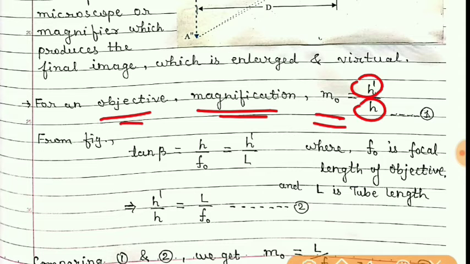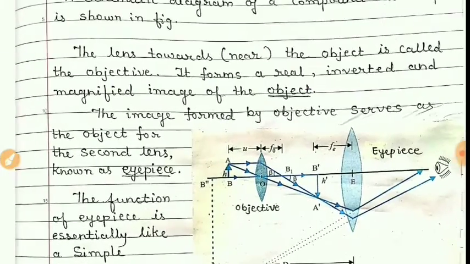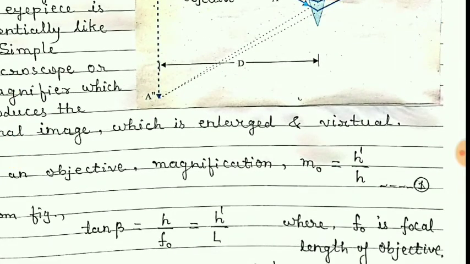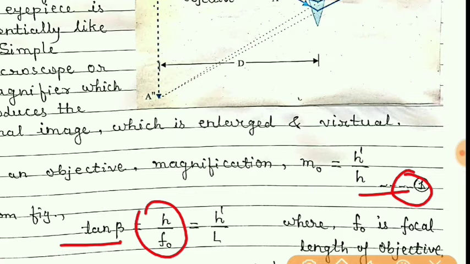This is according to definition. Magnification of the objective is image height upon object height. So we have written that also, and let us give this equation number 1. And tan beta, which is h upon FO, is equal to h dash upon L.